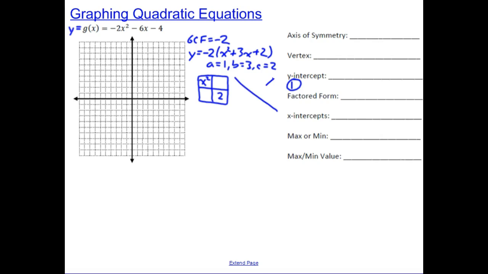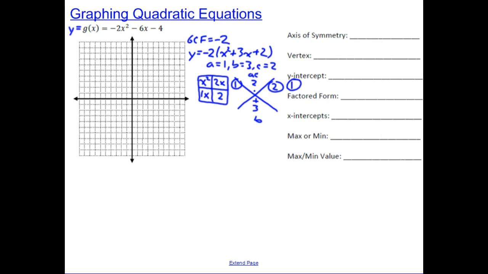I form my big X. I want a pair of numbers that multiply to be AC and add to be B. Well, AC in this case is 1 times 2, or 2, and B is 3. So my very first pair, 1 times 2, does indeed add to 3. So that is the pair that works for me. And I'm going to place those numbers in my box, appending the x as a factor.